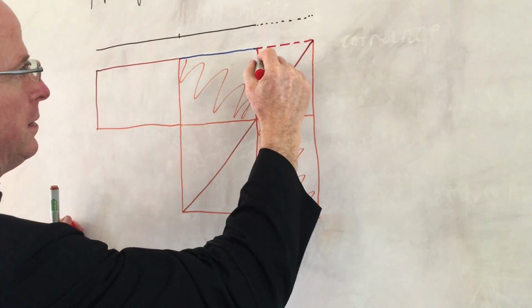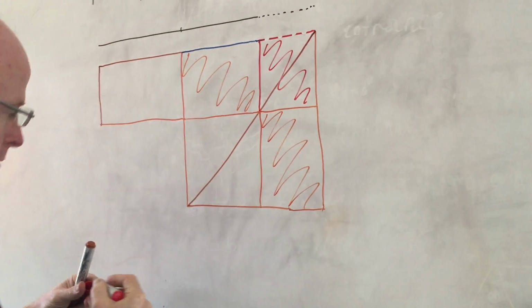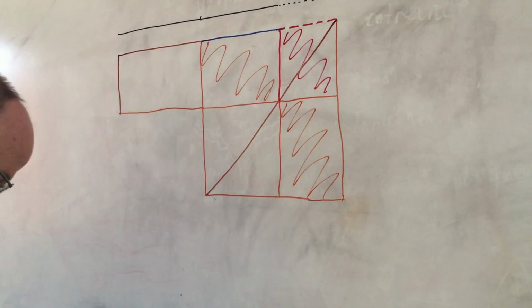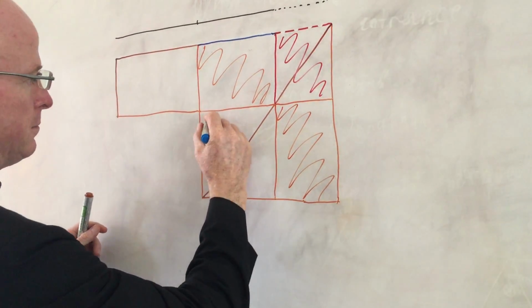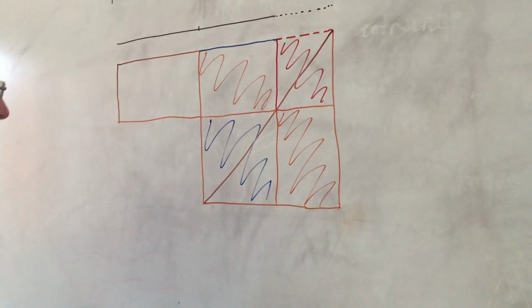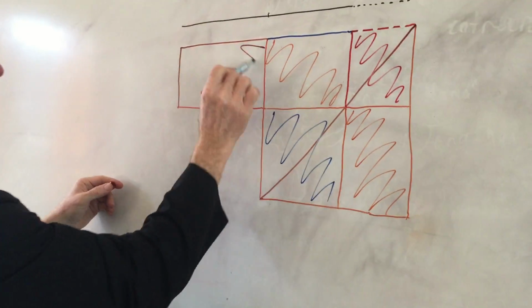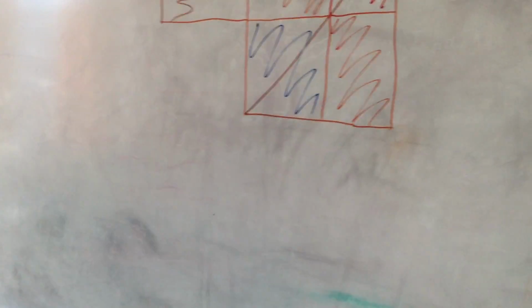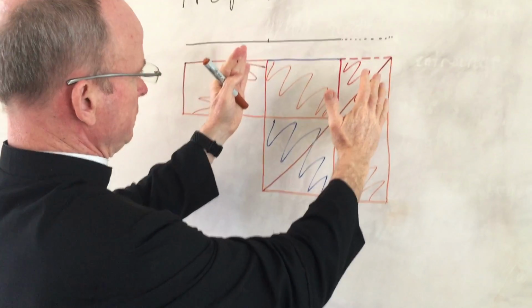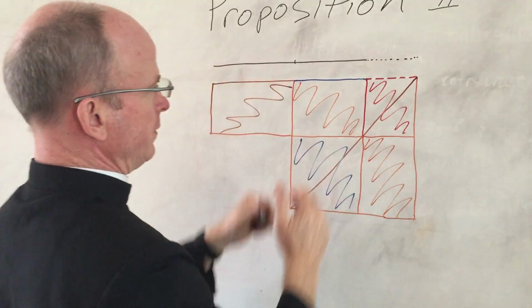This will be blue, and I'll make this one, say, brown. Okay, so here we have a square, and here we have parallelograms, okay?